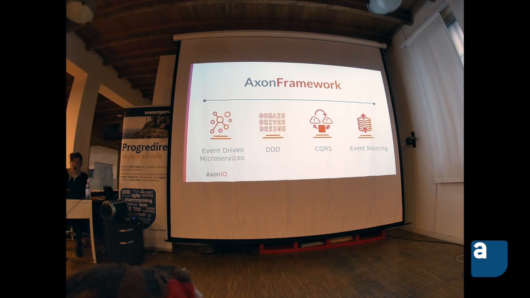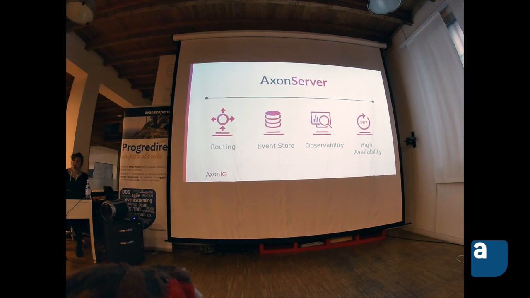architecture. Besides Axon framework, we have Axon Server, the other part of the Axon platform, an open source product that acts in two ways. It is an event store, responsible for the persistence of the events, and it is a routing platform.